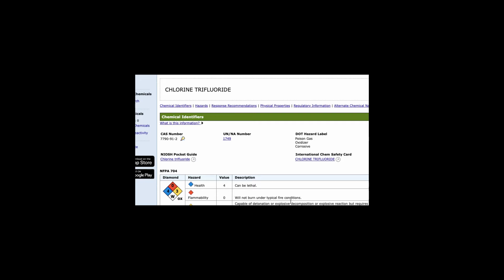Capable of detonation or explosion, decomposition, or explosive reaction, but requires a strong initiating source, or must be heated under confinement before initiation. So that's where you have the instability, or the 3 right in here for reactivity. And W means reacts violently or explosively with water, possesses oxidizing properties.